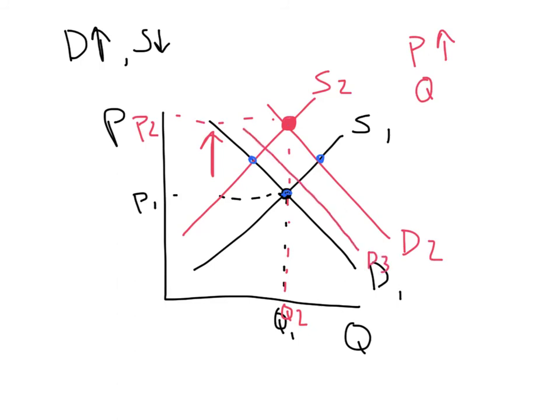This new demand curve 3, my equilibrium point would then show that quantity decreased. But that's where the chart can help you out. Price definitely increases when demand increases and supply decreases. And our quantity is indeterminate because depending on how much you shift one curve or the other, it may have an effect on what the quantity is. And we do not have enough information to give a more precise answer.